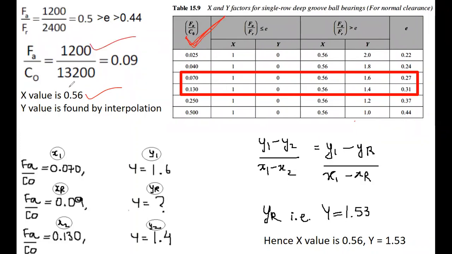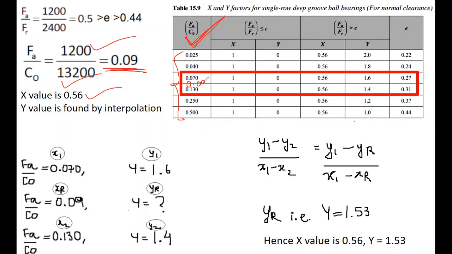CO, we just found out from the Bhandari design data book in front of bearing number 6010, that is 13200 Newton. The ratio turns out to be 0.09.